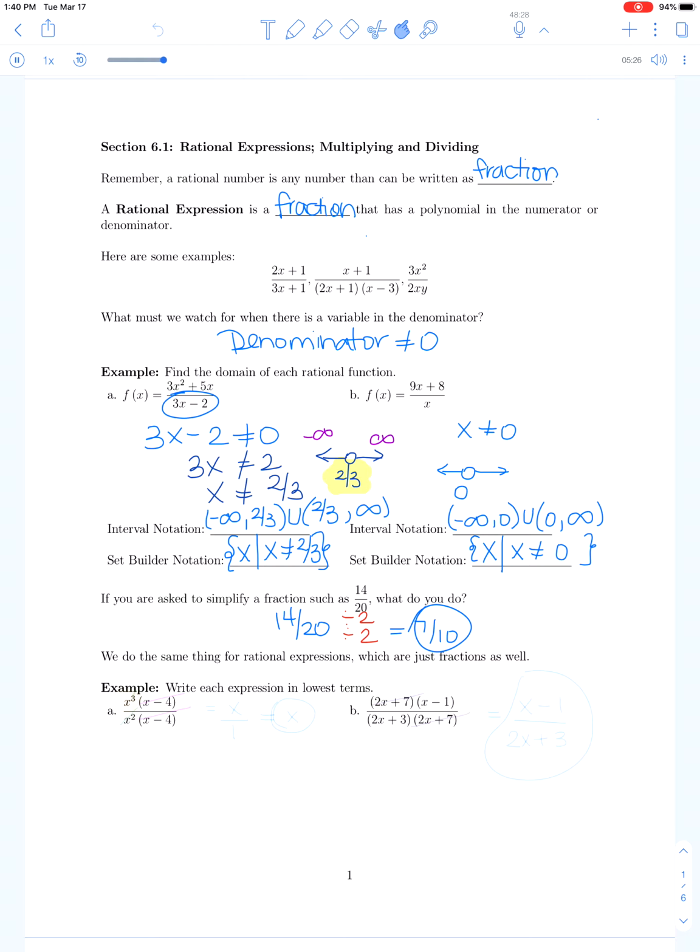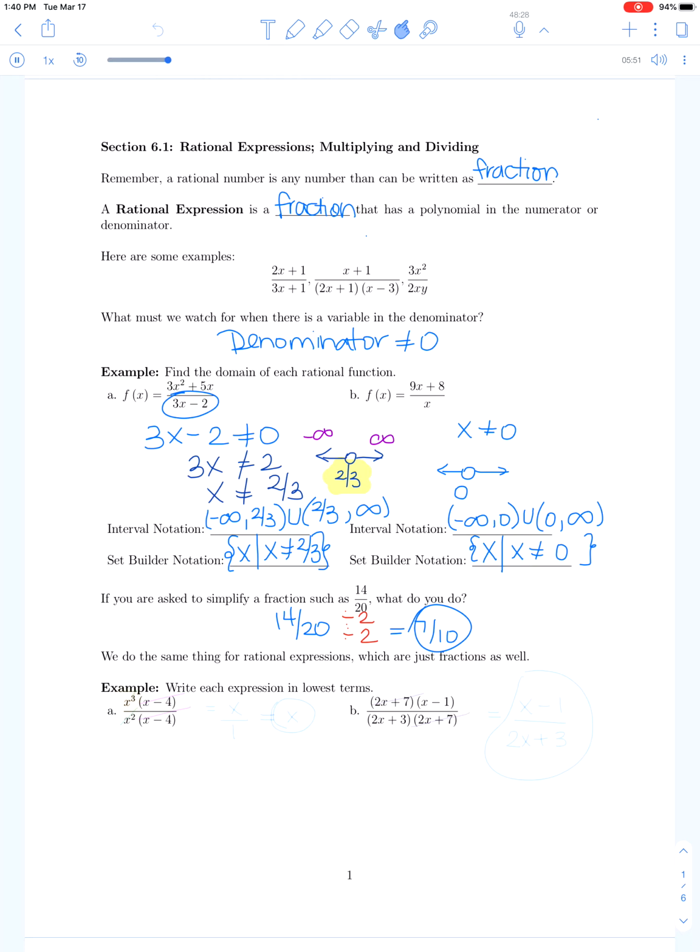We still need to do the same concept with our rational expression fractions. But in order to cancel out a factor from the top and the bottom, they must be identical. So we can cancel out any factors that are identical, that are on the numerator, that also are on the denominator.